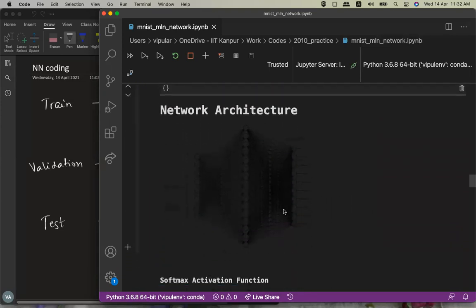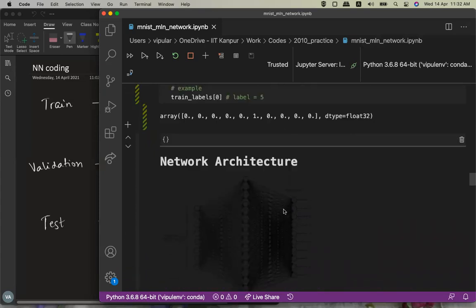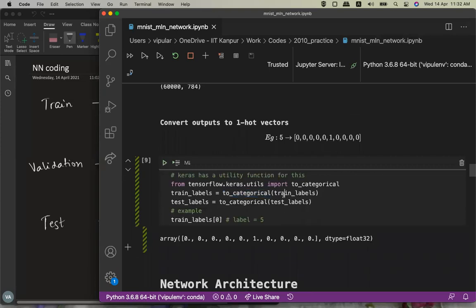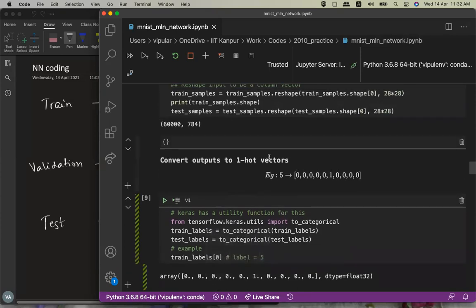Sir, here we have converted a 28 cross 28 image to 784, right? That means a one dimension vector.